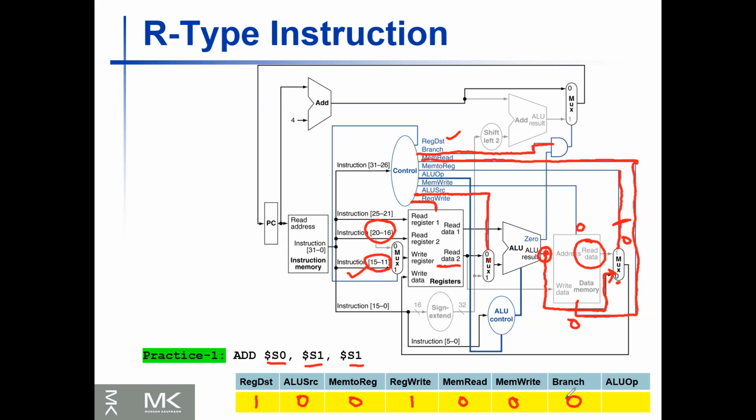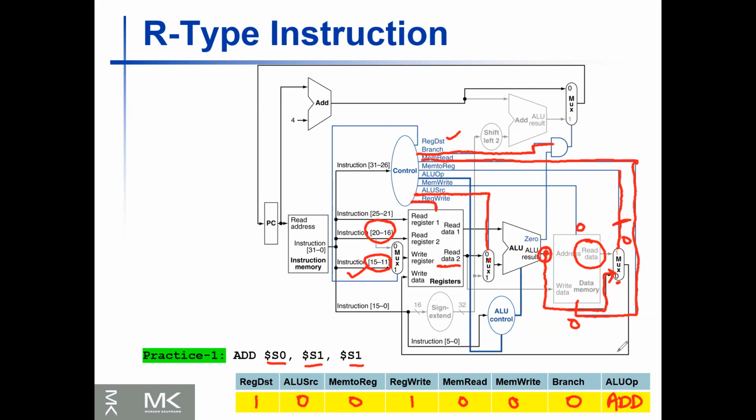What about the ALU opcode? Here you don't need to memorize, but you can tell the operation of the ALU. What type of operation will the ALU perform? Will it perform addition or subtraction? Addition. So you can write addition here, and that is sufficient.